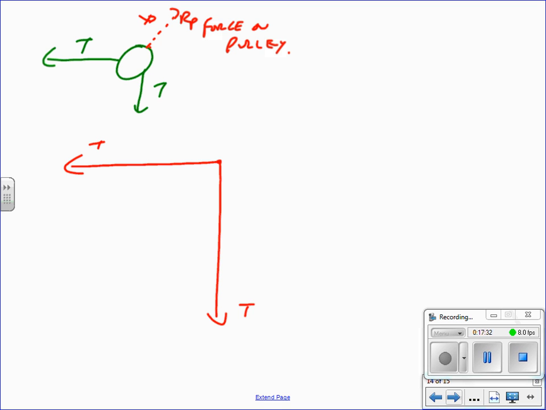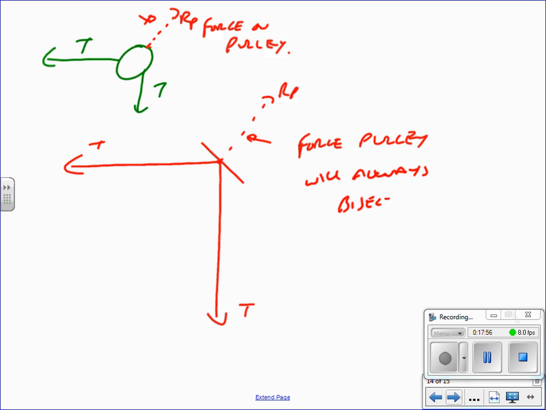So here's T, here's T. We have our normal reaction, because if this is a particle, this is a tangent, and therefore it's going to be perpendicular to the corner, and therefore the force on the pulley will always bisect the two tension forces. Okay, it's always going to go down the middle between the two, isn't it? Because otherwise it's going to lean to one side.